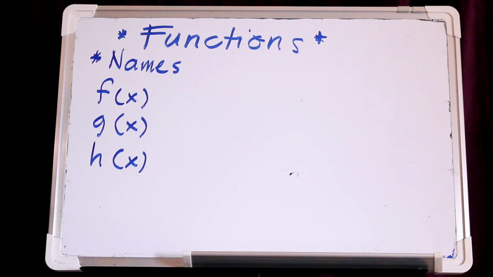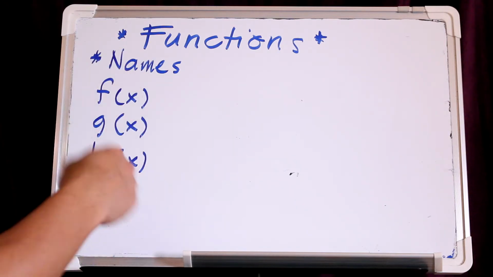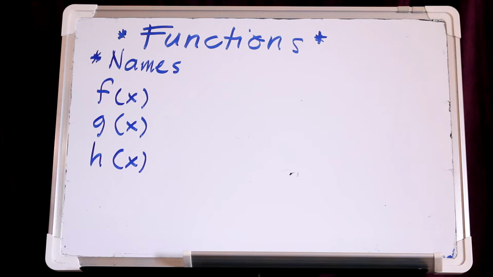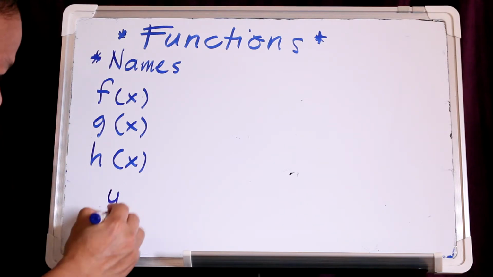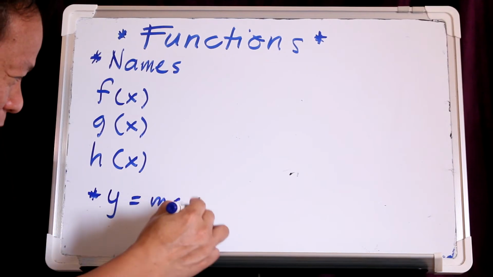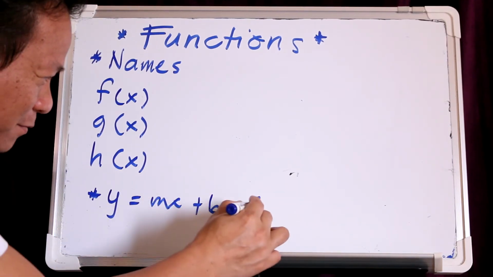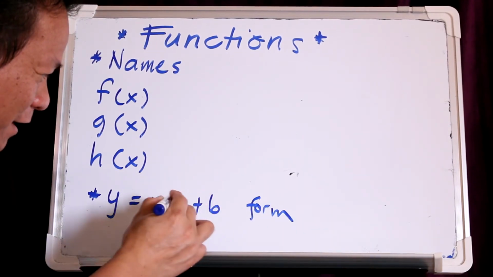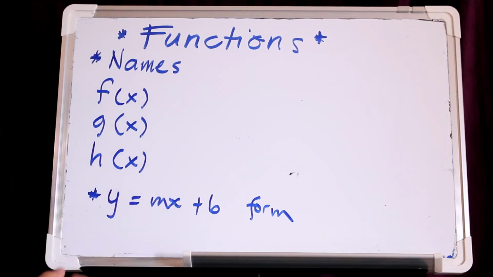Types of function. What are the types of functions? By the way, functions, if you are going to graph them, if you are familiar with the y equals mx plus b form, this is another way of writing a function.